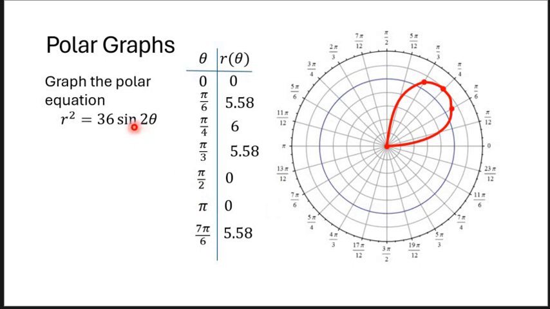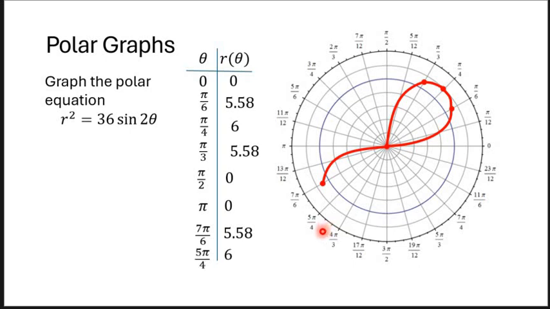When I plug in 7 pi over 6, I get the sine of 2 times 7 pi over 6, which is 7 pi over 3, which is actually up here. It's more than one revolution. The sine value is positive, so I get an actual value there of 5.58 once I take the square root. So I get that point right there. And I'm going to connect those with a smooth curve.